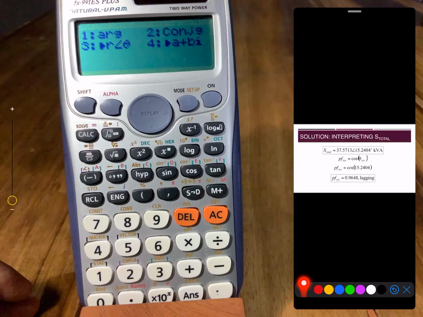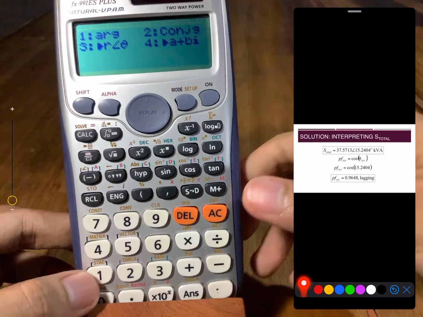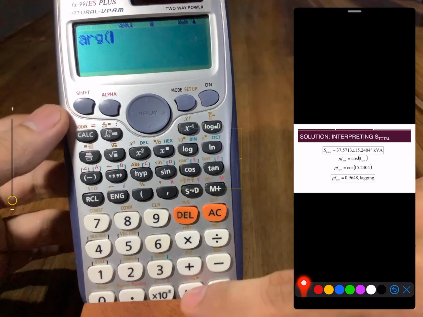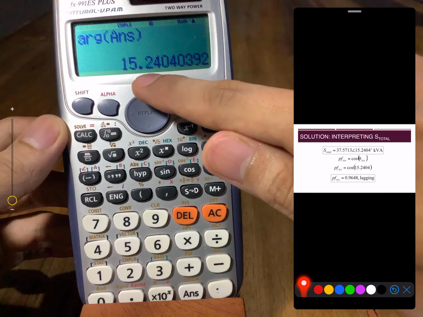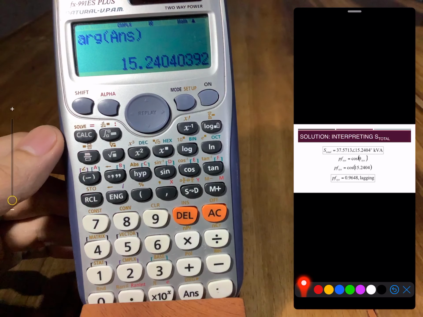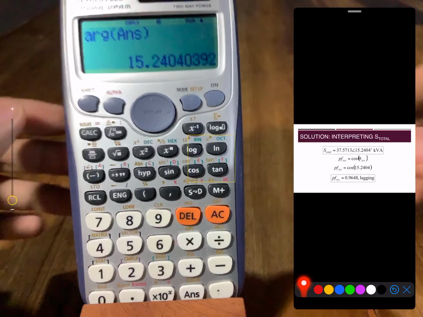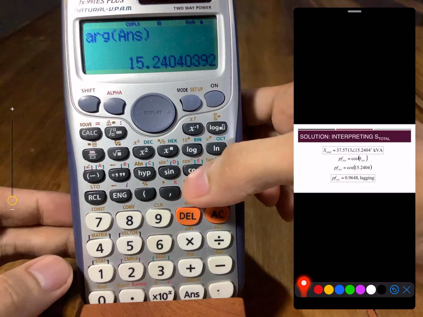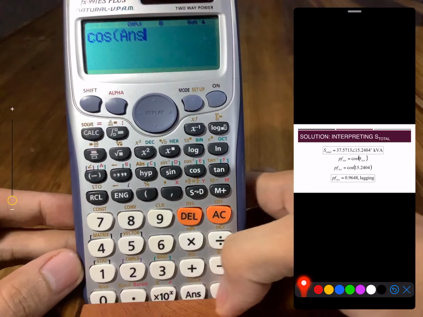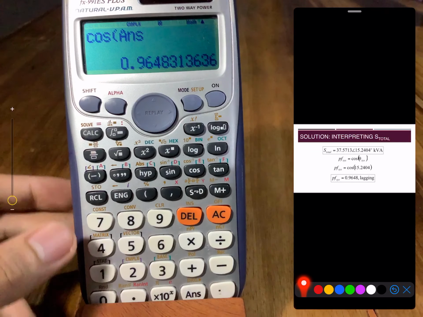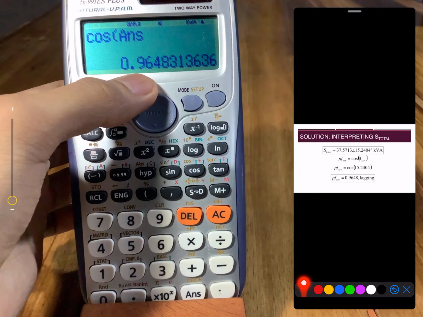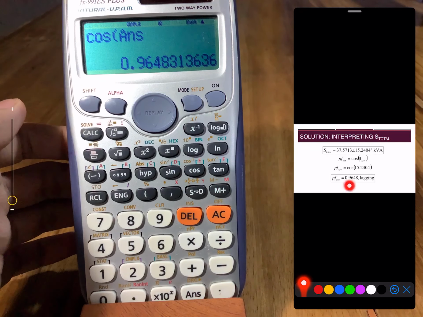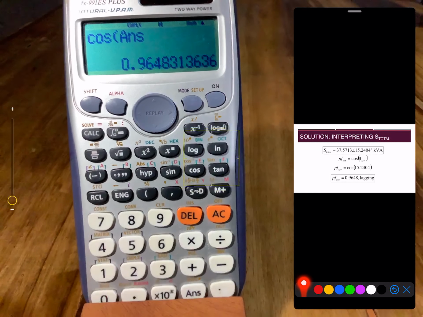So in order to get the theta in a complex number, we press 1 for the argument of the answer. So we get the angle that is equal to 15.241. And in order to solve for the power factor, cosine of answer, that is equal to 0.9648 power factor lagging, as indicated in the problem.